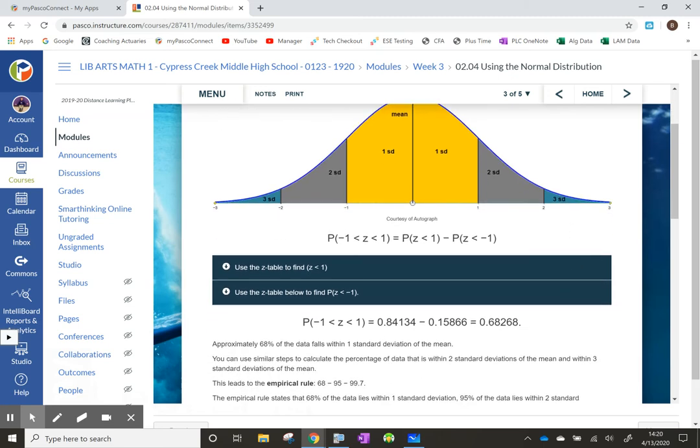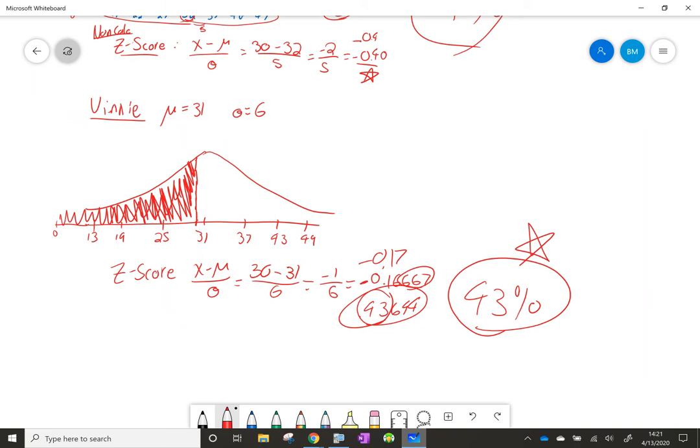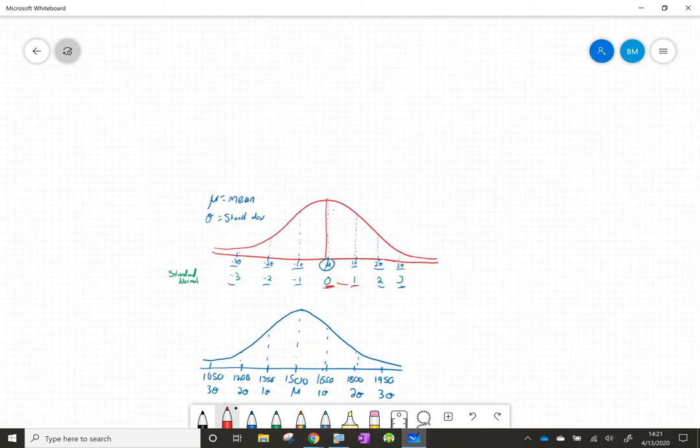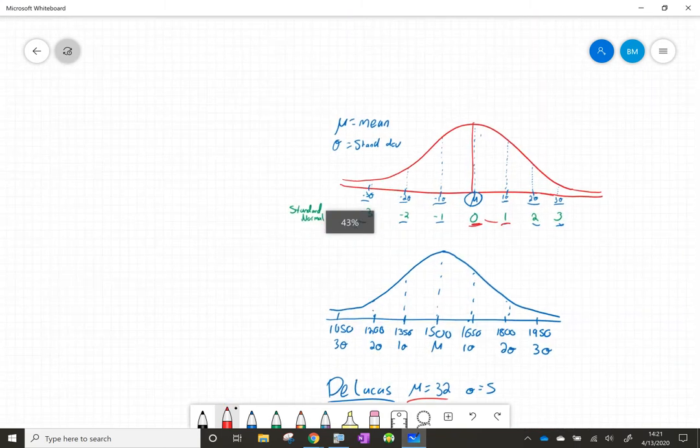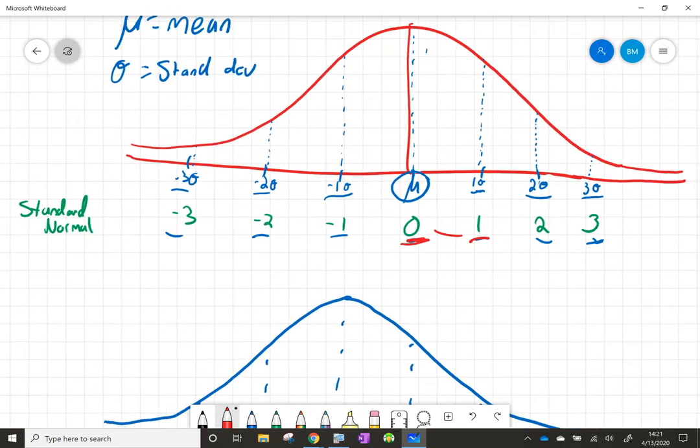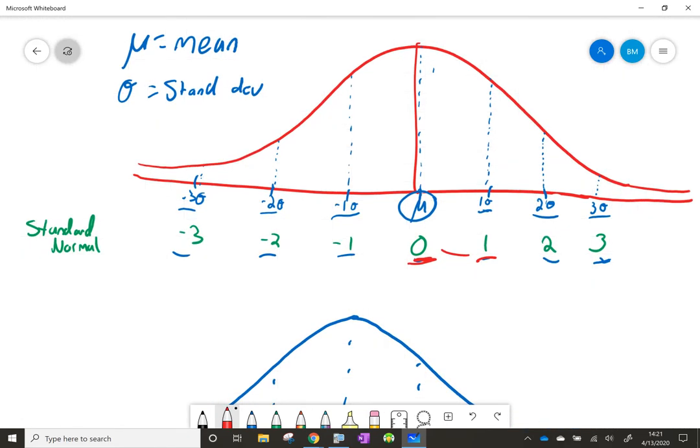Now, empirical rule. Now this is about percentages, because we just talked about how these can be percentages. So when you look at a normal distribution, here's something I didn't add at the beginning, but I'm going to add in now. I'll just use red again.